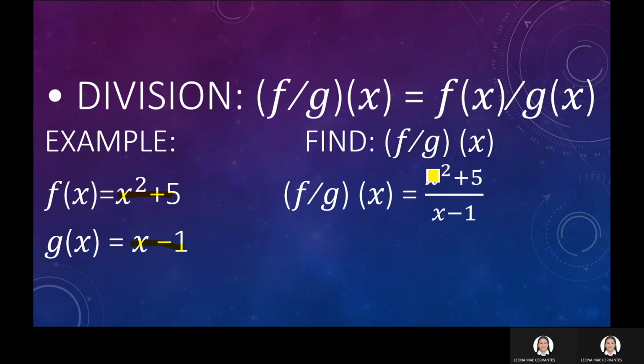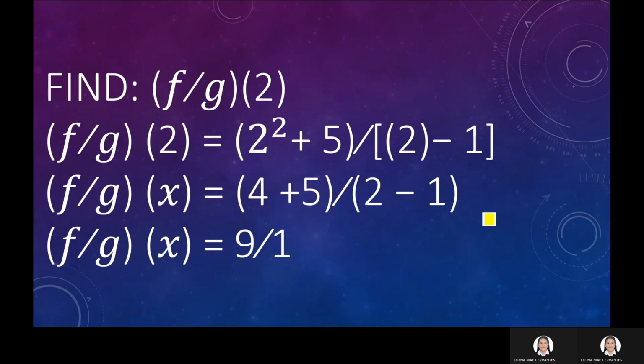So, f divided by g of x is equal to x squared plus 5 divided by x minus 1. Okay?